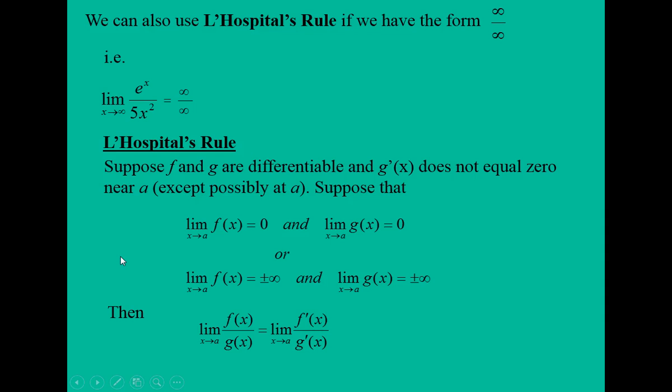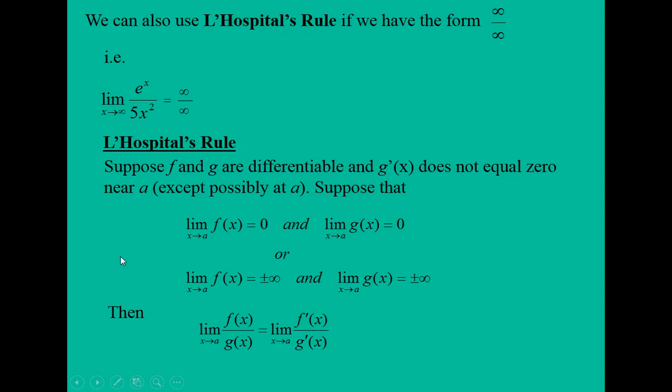Then L'Hopital's rule says that if we have the limit of f of x divided by g of x as x approaches a, and we get any one of these scenarios, 0 over 0, or plus or minus infinity divided by plus or minus infinity, then we can take the derivative of the numerator divided by the derivative of the denominator.